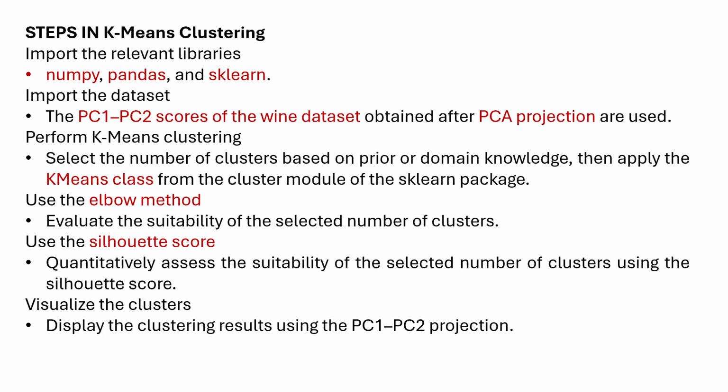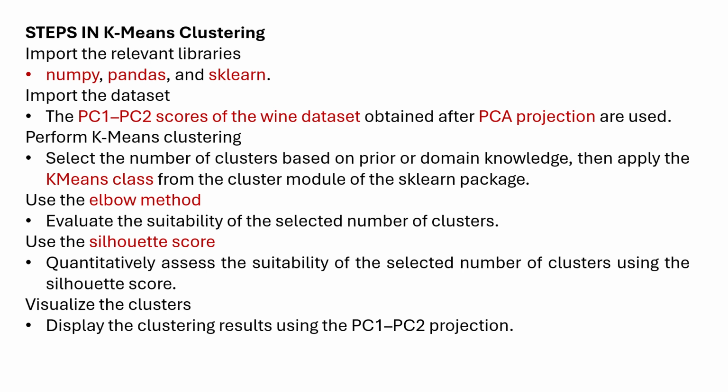Specifically, we will use the first two principal component scores, PC1 and PC2, obtained from the earlier PCA projection. If you have not seen that presentation, you may find it useful to watch it first, as it explains how these principal components were generated.